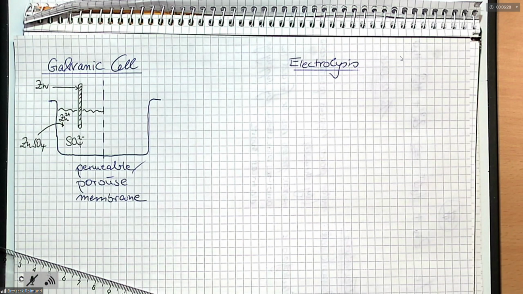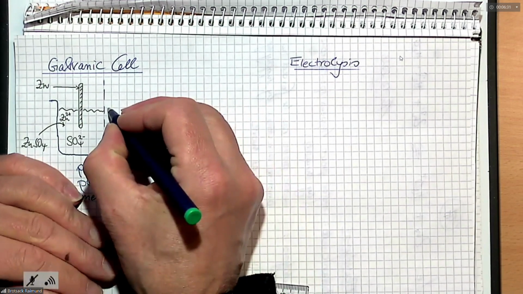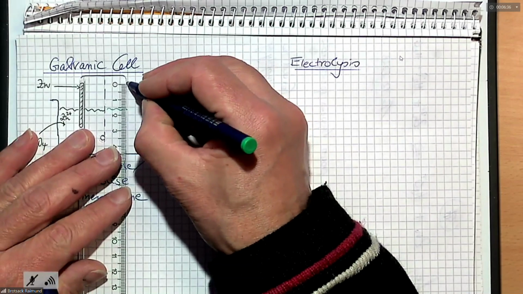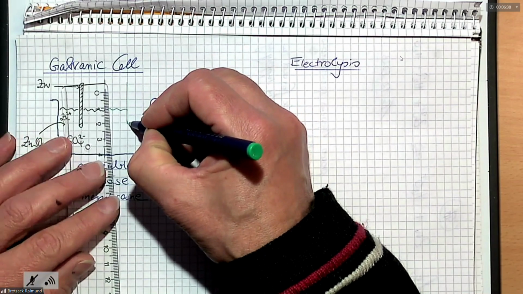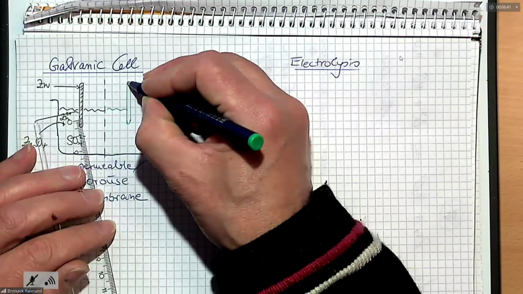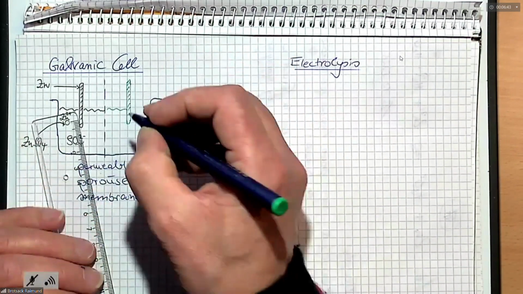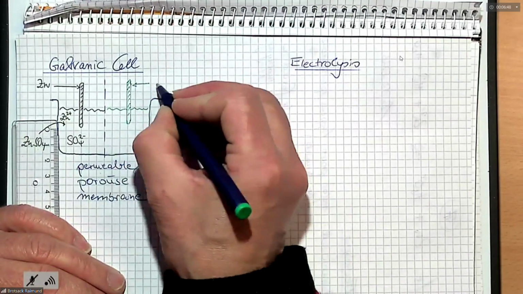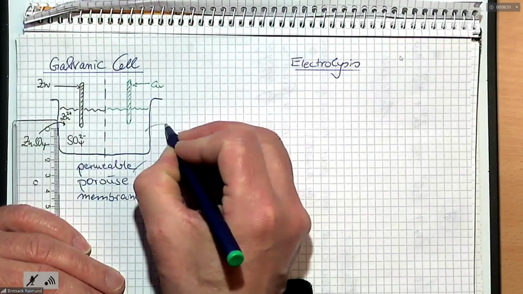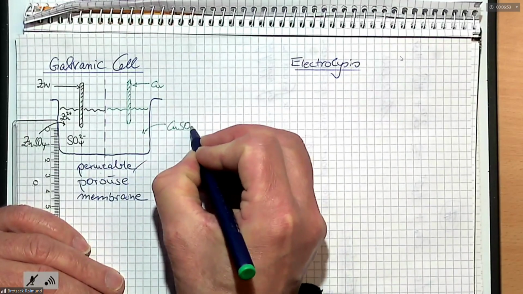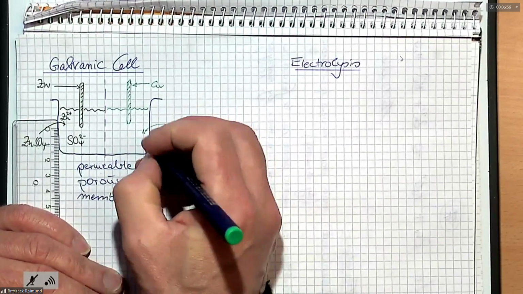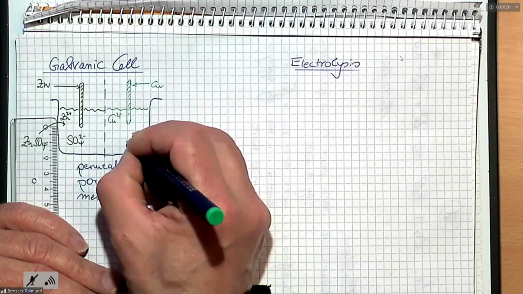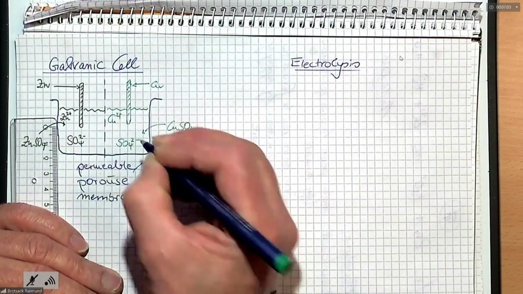On the right side, we have the copper system. So a copper electrode made out of pure copper in a copper sulfate solution. That is pure copper, and in here we have the copper sulfate. So copper 2 plus ions and also SO4 2 minus.